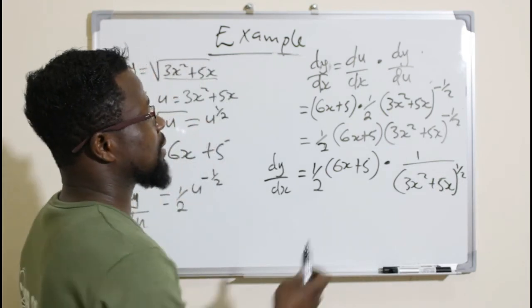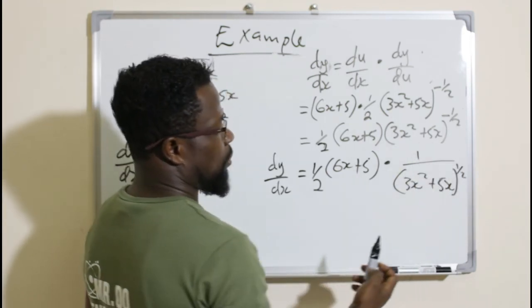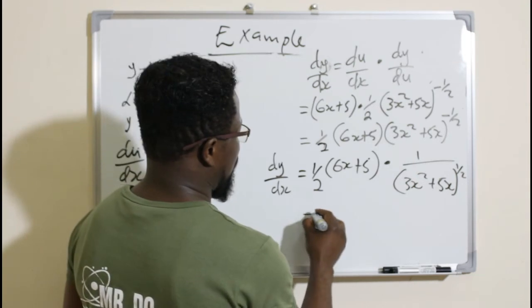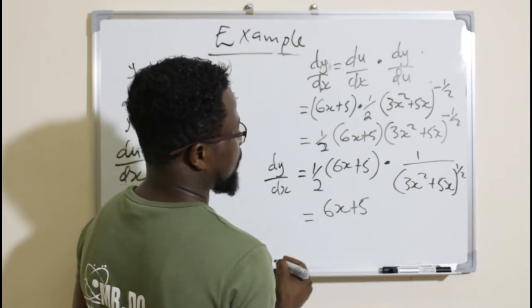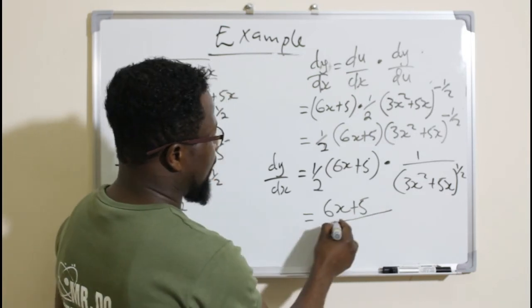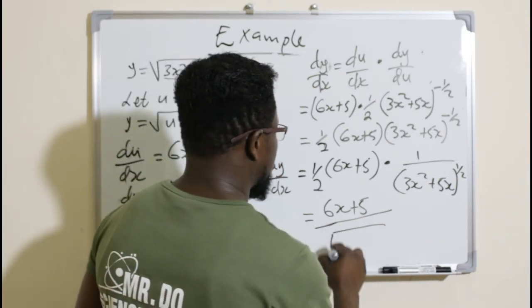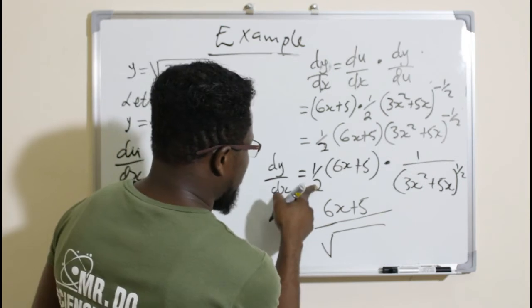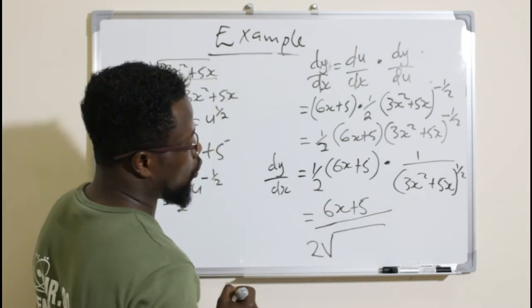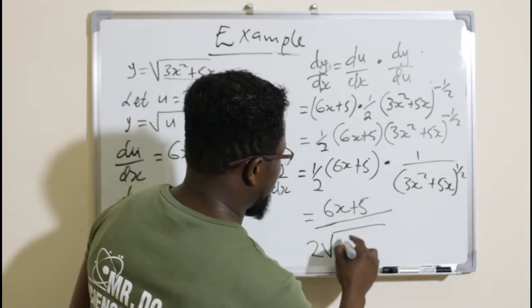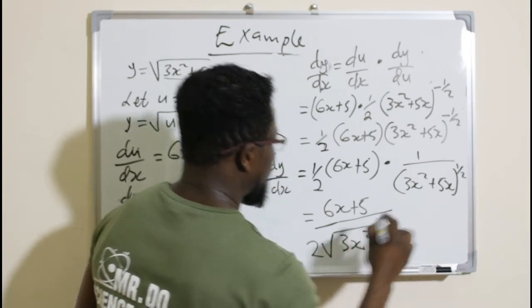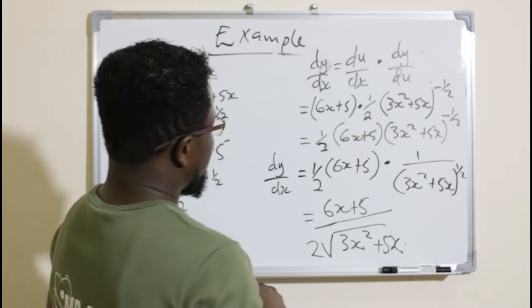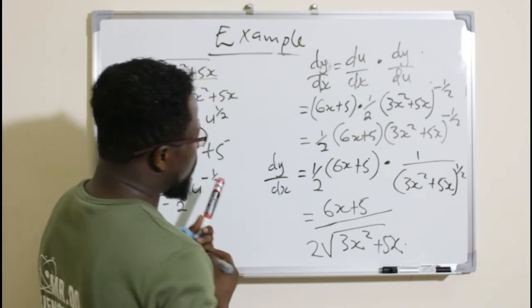And remember we said exponent half simply means square root. So I can then change this and it will become 6x plus 5 all over 2 times the square root of 3x squared plus 5x. And that becomes the derivative that we were told to find.